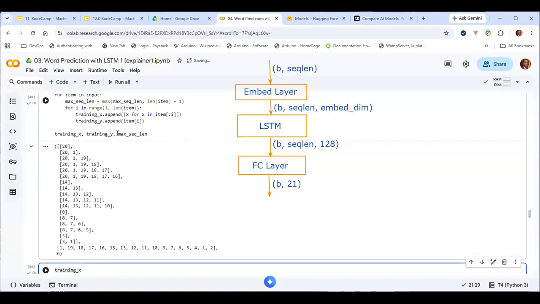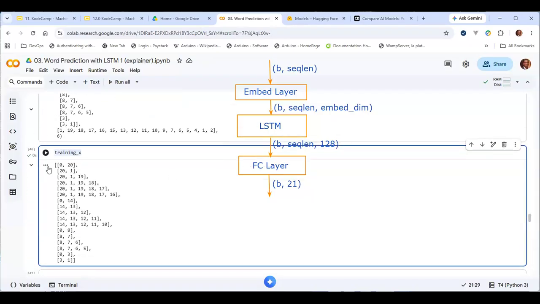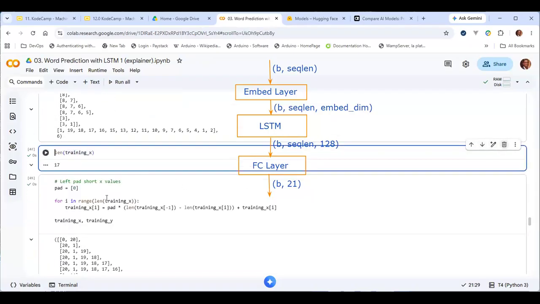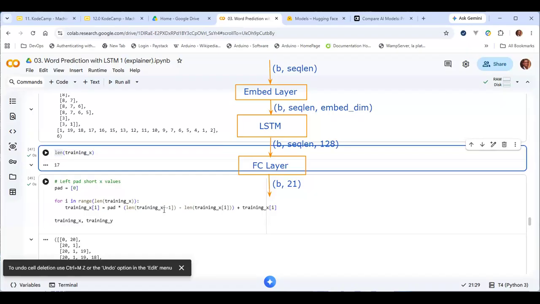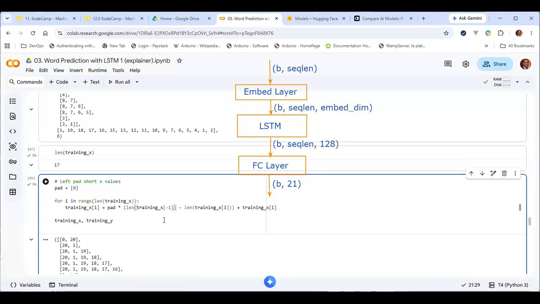So max sequence length is 6 here. It's shown here as 6, which is correct. That's 1, 2, 3, 4, 5, 6. When doing this, I should use the max sequence length here to calculate the padding rather than this.